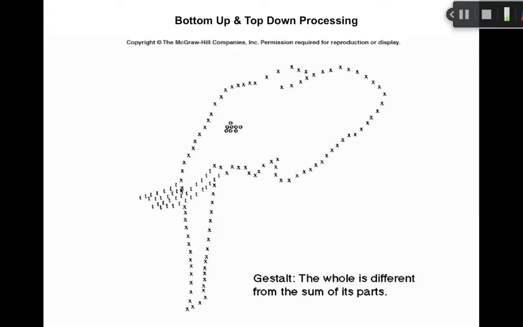So what we're talking about here are bottom-up and top-down processing. Bottom-up is when we assemble forms or objects by putting together the discrete components of those objects until we land on a whole. Whereas top-down is based on earlier experience, learning that we've done.